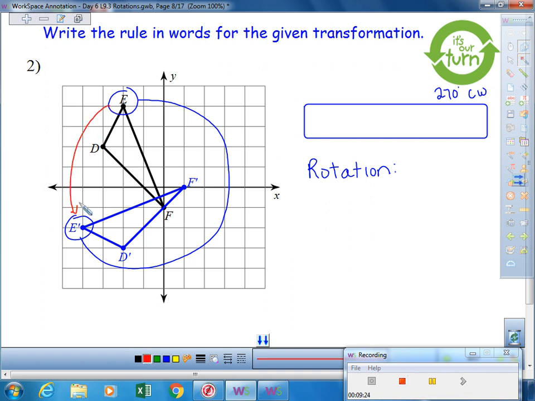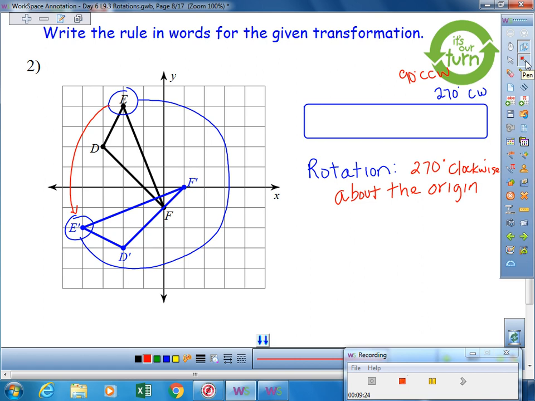How many quadrants did you go through? 90, what? Counterclockwise. Either one is correct. So rotation, I'm going to say 270 degrees clockwise about the origin. I should have wrote that in blue, because this is the blue one.